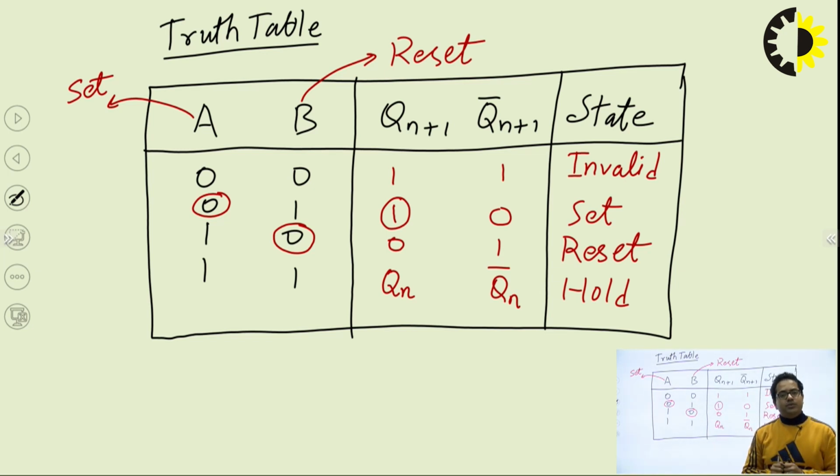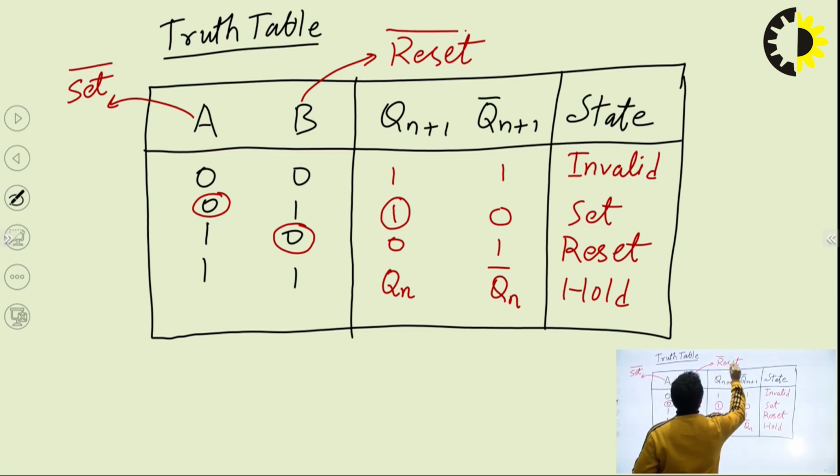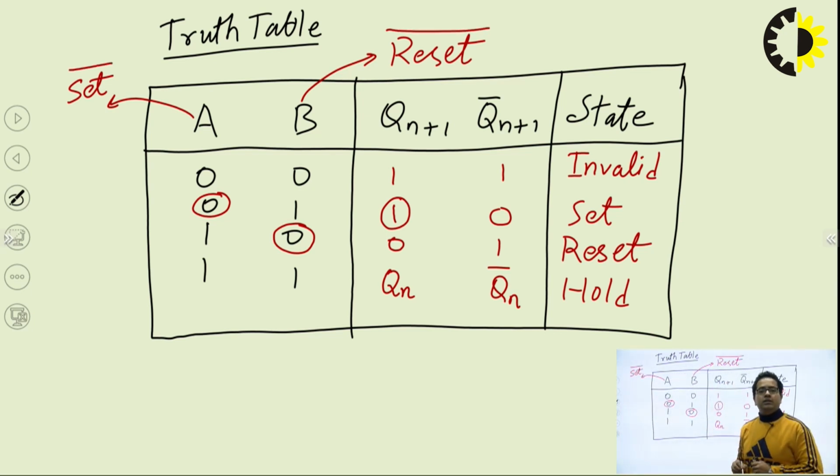Now one more thing that we have to be very careful about is that it is 0. That means it is active low. So there should be a set bar and reset bar, right?